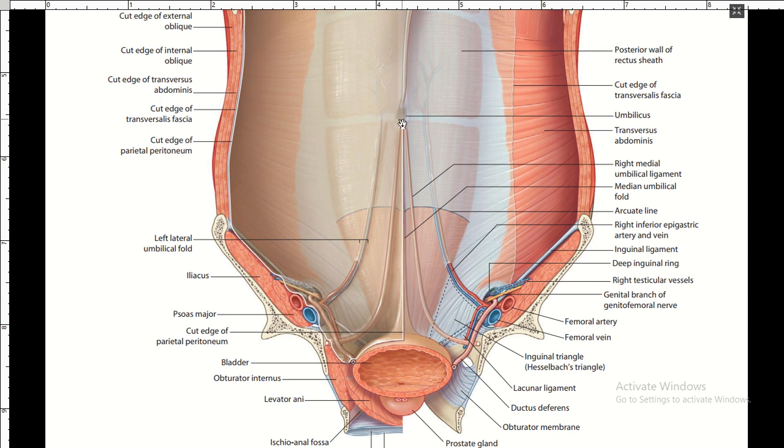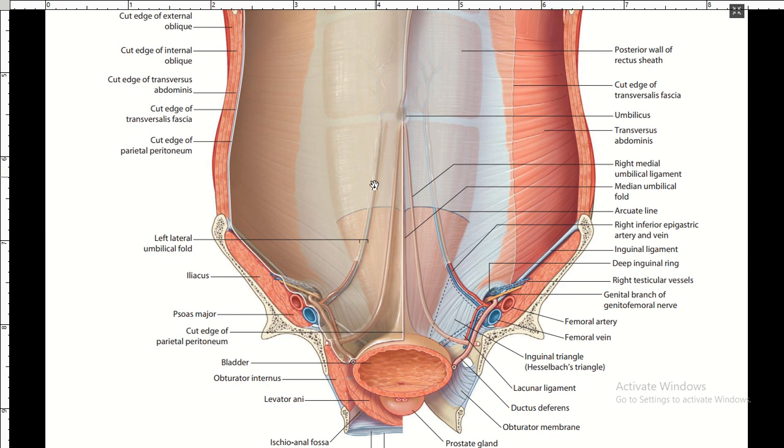In the umbilical cord, there was an umbilical vein and two umbilical arteries. When these two umbilical arteries leave the umbilical cord, they will move in this orientation, right? So the medial umbilical folds are made by the umbilical arteries.